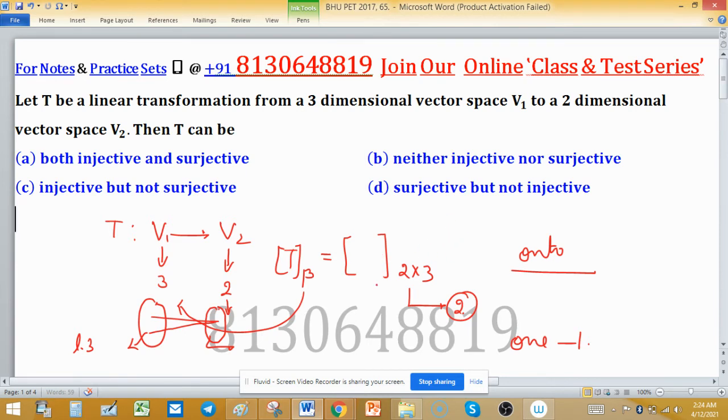Suppose there is Y, or an element B, in this codomain, then there exists X such that Ax equals B. Means this system must have a solution. If more X exist here, it means that this system has many solutions, more than one solution.